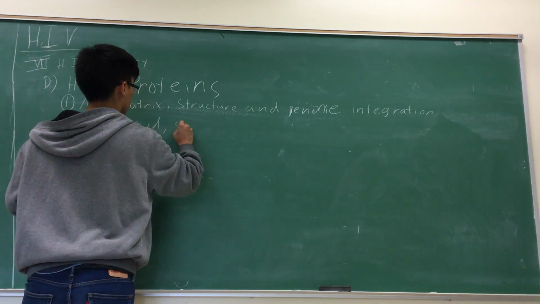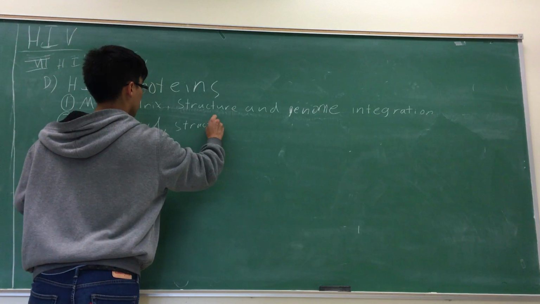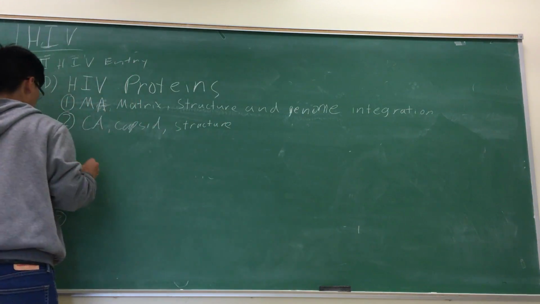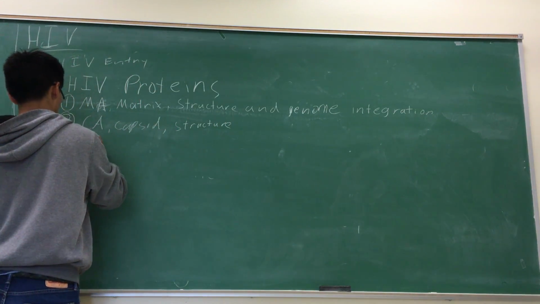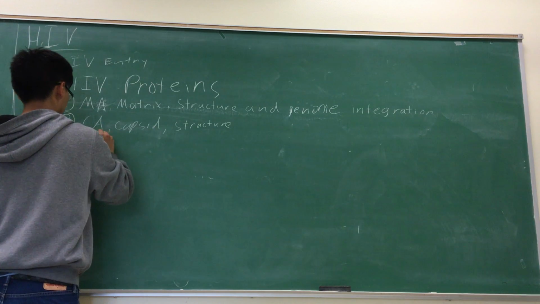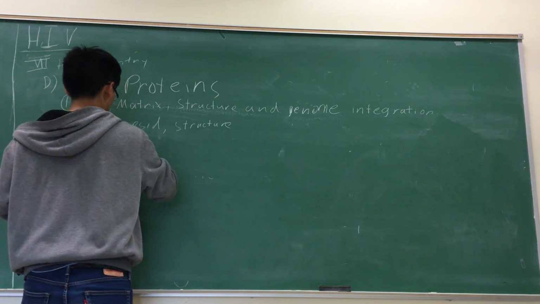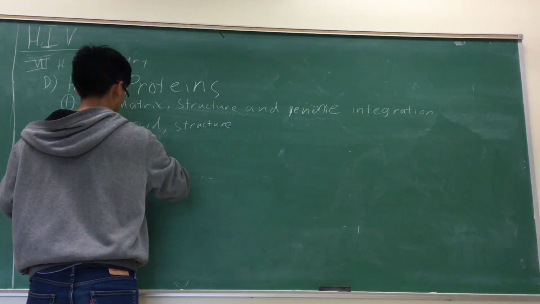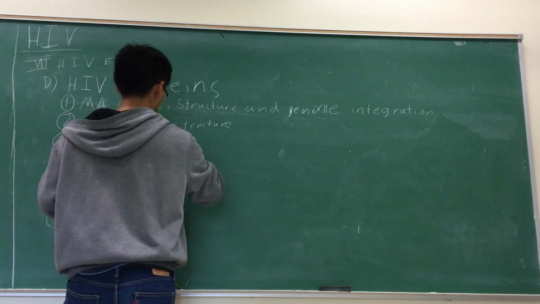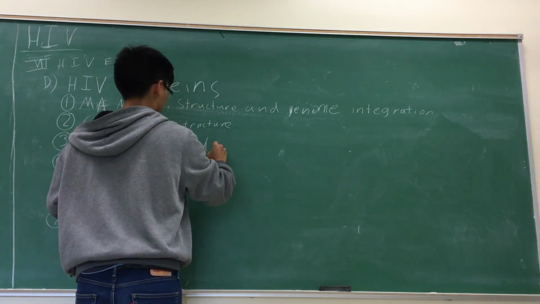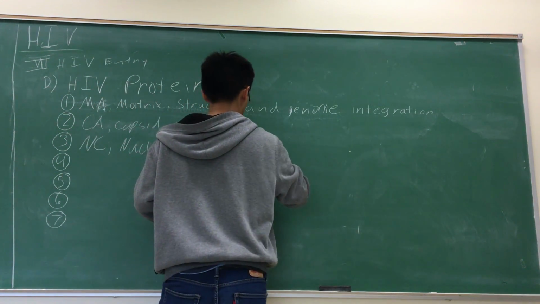That's for structure. Okay, remember, when you go to the multiplication cycle, entry, whatever, you need to know what the proteins are. NC is nucleocapsid. It's a structure.